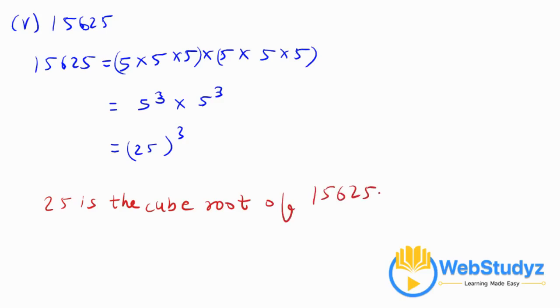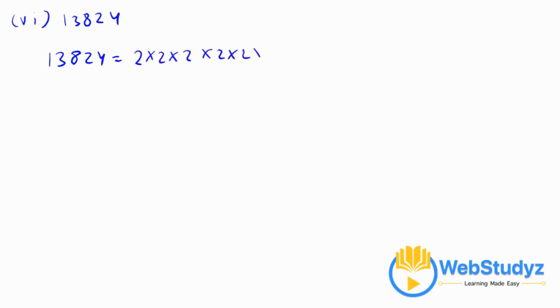Now move on to the sixth one, which is 13824. The factors of 13824 are 9 times 2, 3 times 3. So we can make the triplets of 2, 2, 2 and 3.